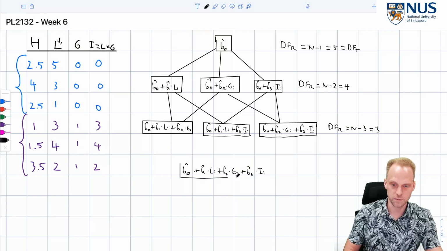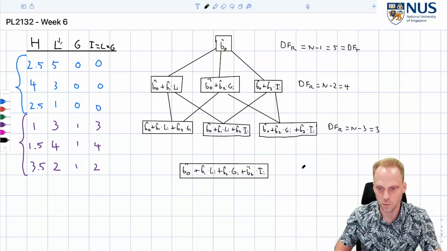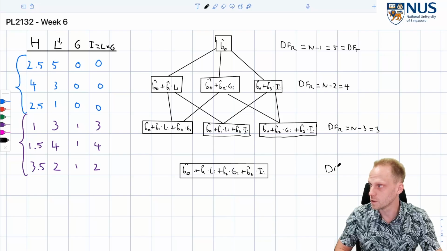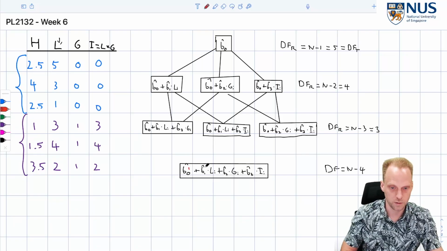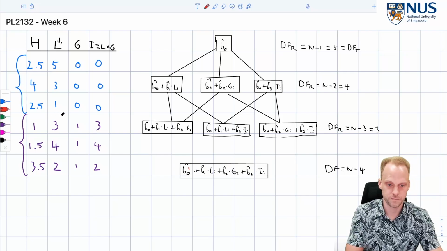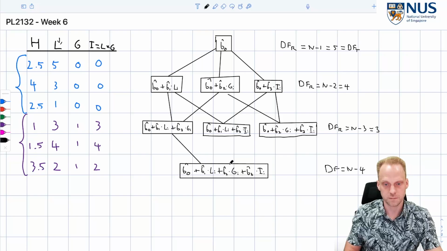We can call this the final model. And this model has residual degrees of freedom of n minus 4, because it has 4 parameters, right? 1, 2, 3, 4. Again, there are nesting relationships between these models, like this.